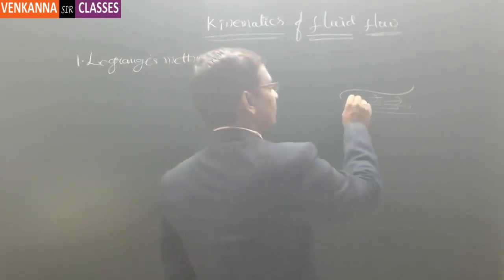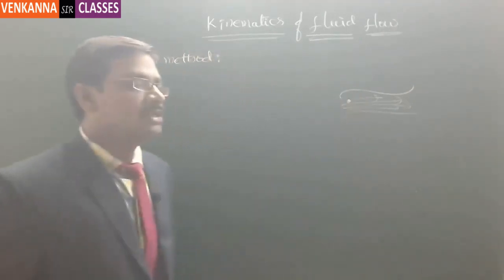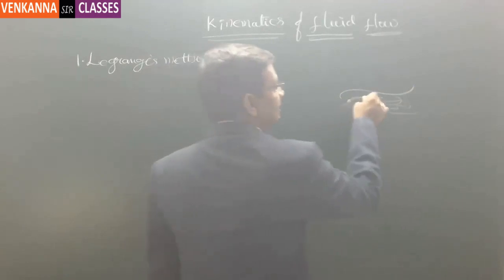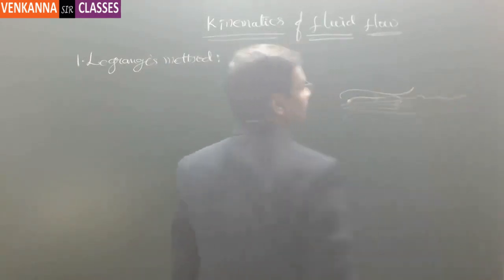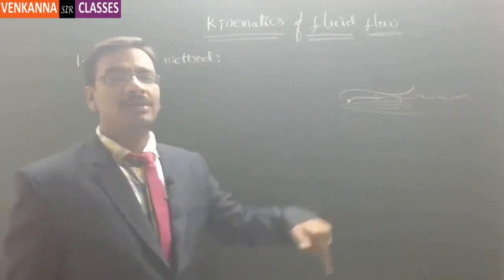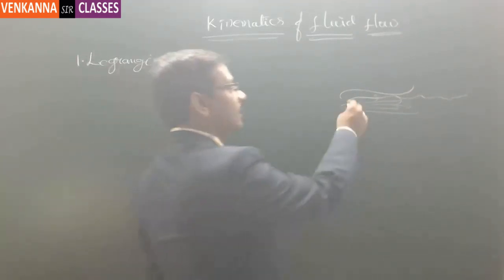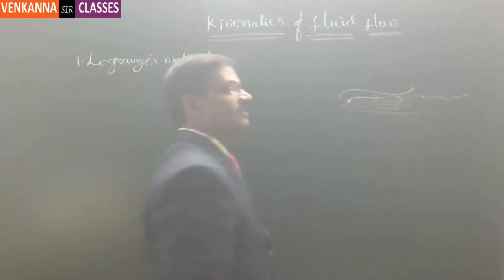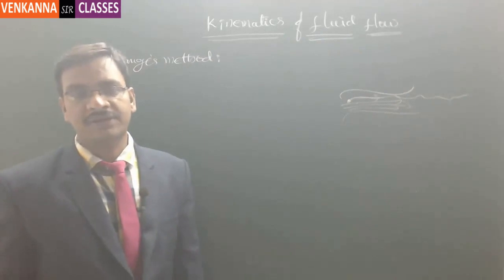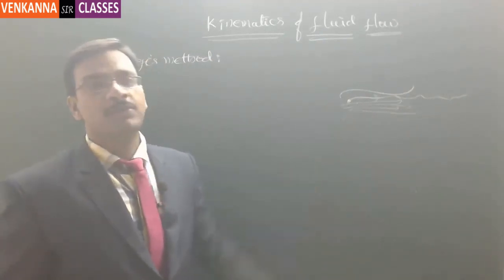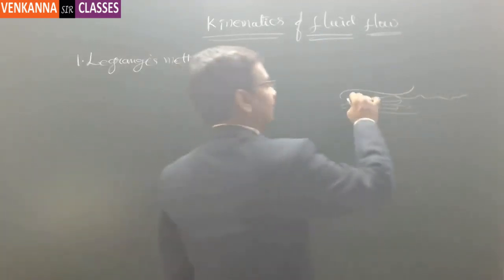Suppose I take one fluid particle here, and this fluid particle is continuously moving from here to here like this. Now, take the fluid particle as the reference, and then try to identify the locations at different positions where it is getting traveled, right? And then try to verify the property of this fluid particle.